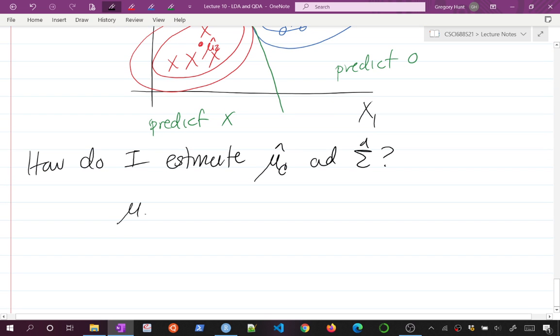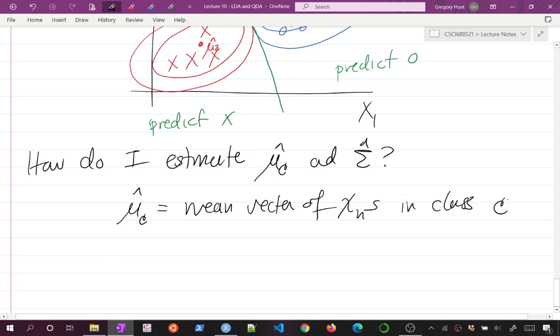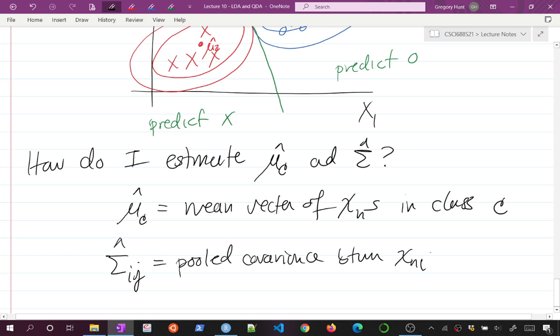You can imagine that mu c hat is just the mean vector of my training x's in class c, and sigma hat is a matrix, and the ij entry is basically the pooled covariance between the ith component of the xn's and the jth component of the xn's.